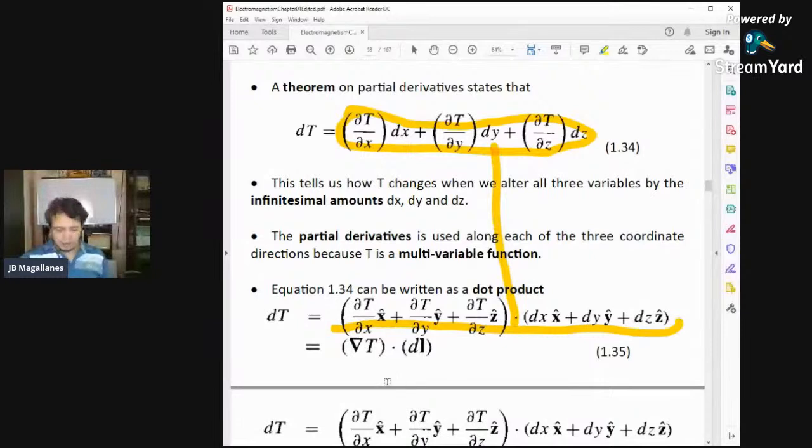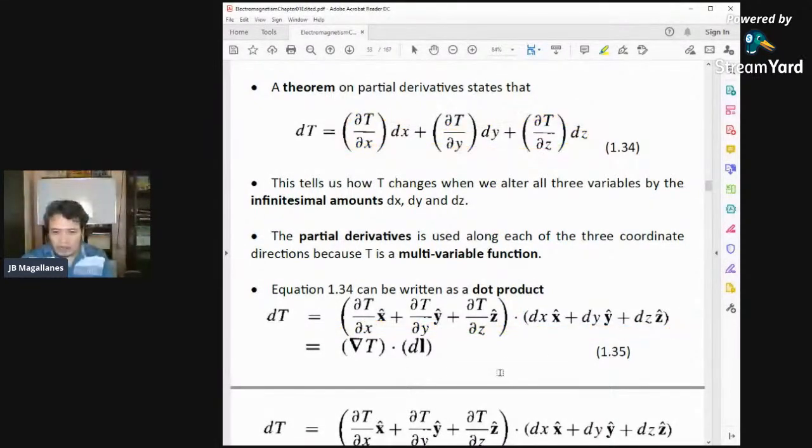But then for notational simplicity, we define this to be the gradient of t. And this gradient of t is a vector.